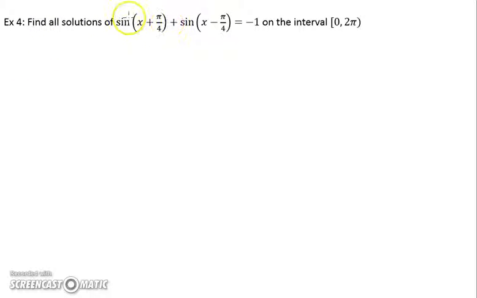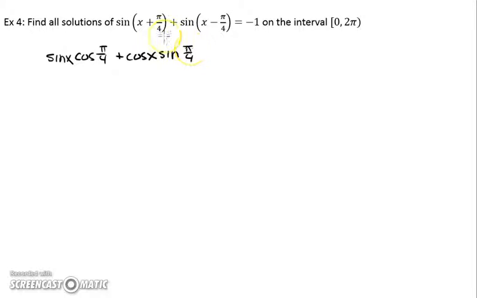We notice that we have sum and difference, so we can turn this first one using our formulas into sine of x cosine of pi over 4 plus cosine x sine of pi over 4.